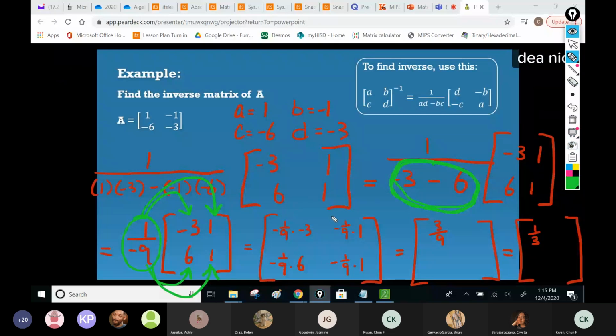All right, let's keep going. So the 1/3 is positive, because the negative on the 1/9 and the negative on the 3, two negatives will get you a positive.